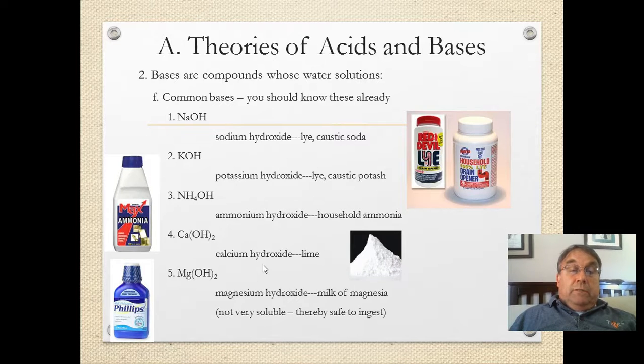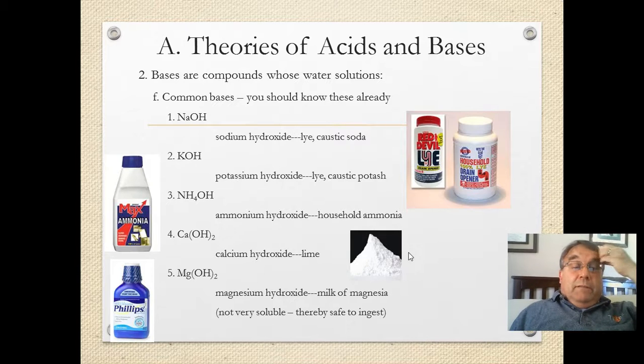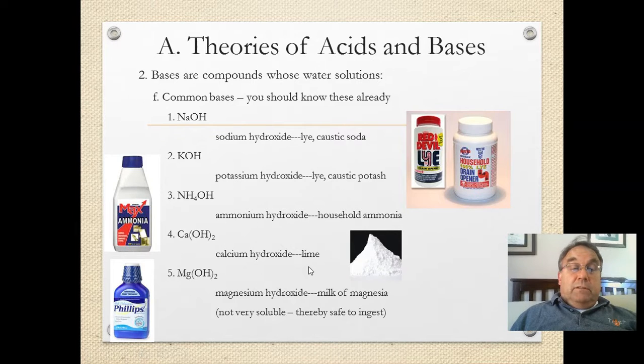CaOH2, calcium hydroxide, which is lime, not citrus fruit, but the white powder that they use to chalk baseball diamonds and stuff like that. They also use it in farm fields to raise the pH if you have acidic soil. And then MgOH2 is milk of magnesia, or magnesium hydroxide.